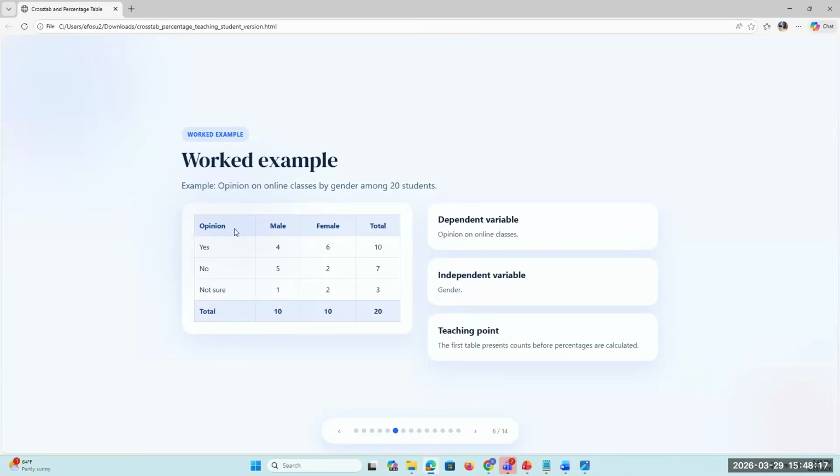Because your question says to determine the relationship between the dependent and the independent variable. Do you get me? There is a need to do that.